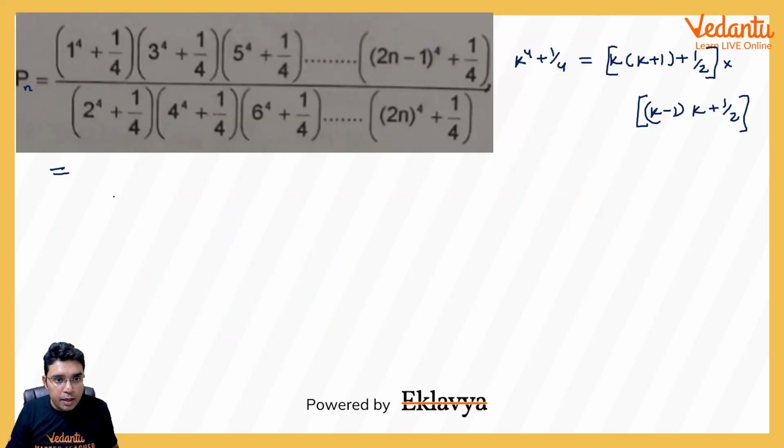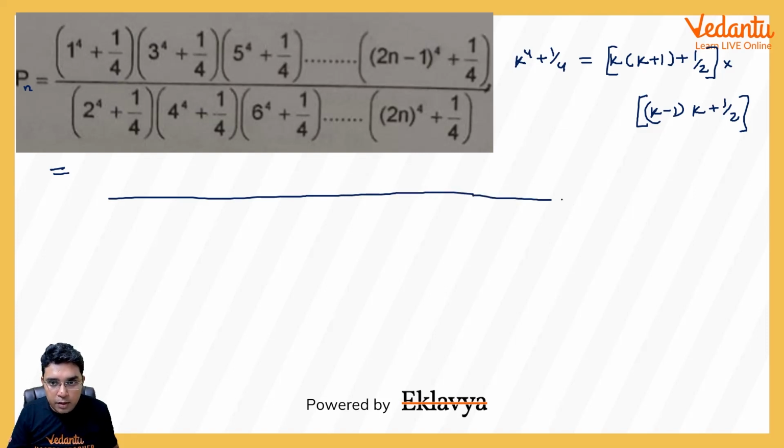Let us write first the numerator terms. Let me try to write all the terms, maximum possible terms. So the first one would be, if you take k equal to 1, it will be 1 into 2 plus half, into, then k-1 will be 0 into 1 plus half.